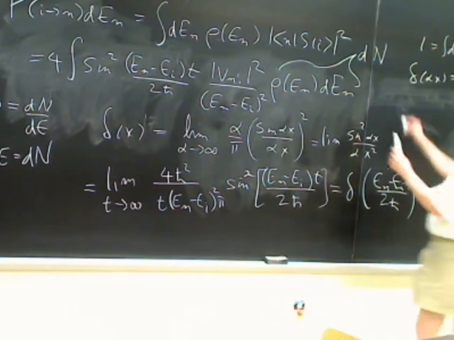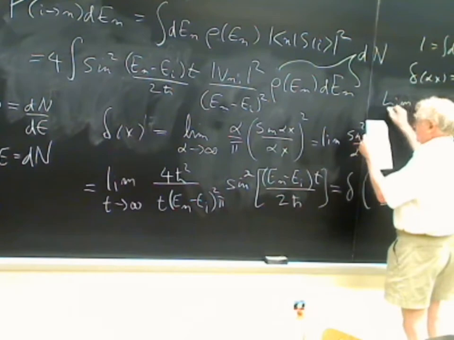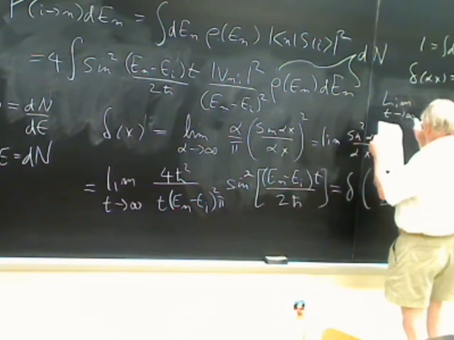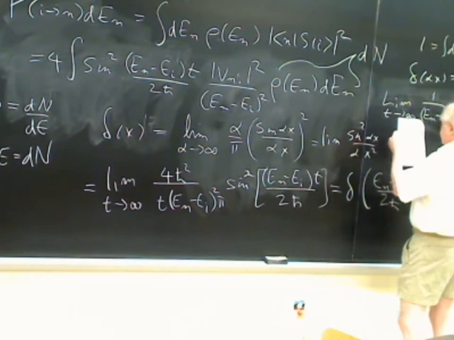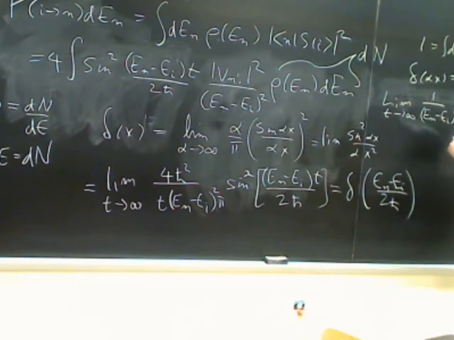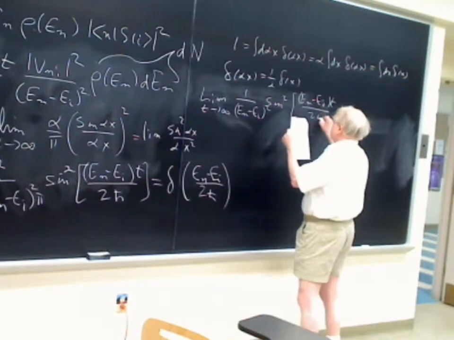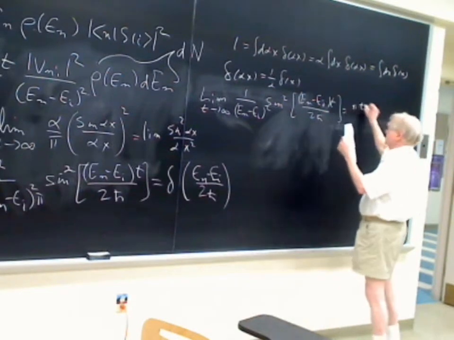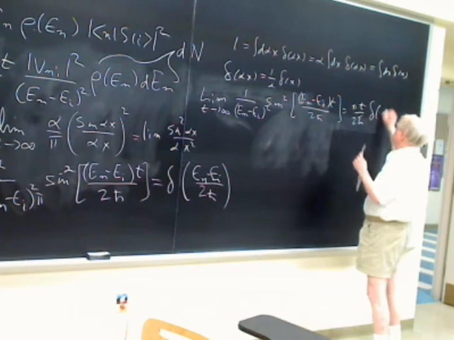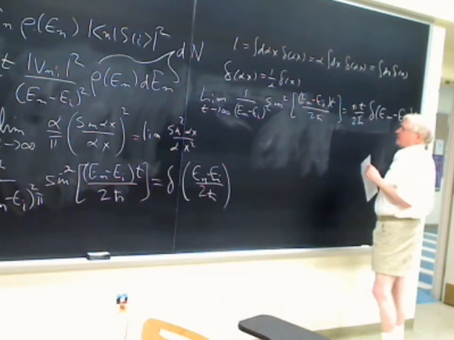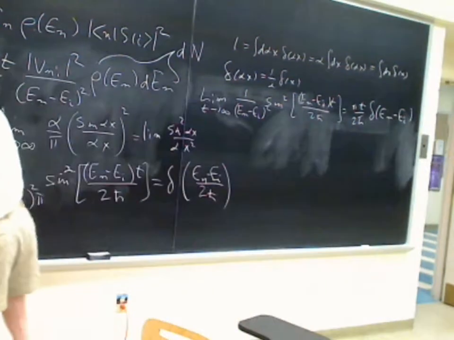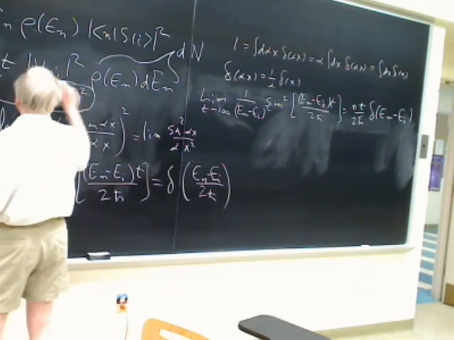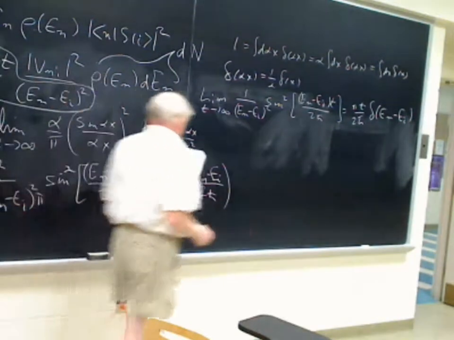So another way of writing this delta function is the limit as t goes to infinity of 1 over (En minus Ei) squared, sine squared of (En minus Ei) t over 2 h bar. So this is pi t over 2 h bar delta of En minus Ei. I've just pulled out these terms, and that gives us the delta function.